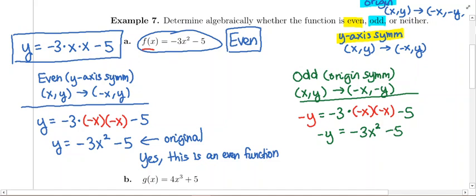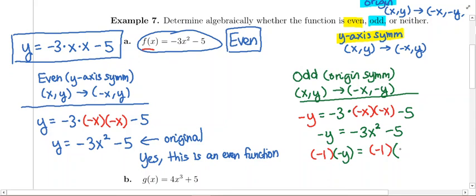You want to compare y equals to y equals, so we need to get rid of this negative y. We're going to multiply both sides of the equation by negative 1. On the left, we get negative 1 times negative y, equal to negative 1 times both terms on the right.